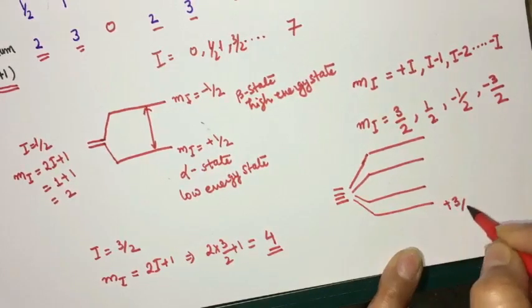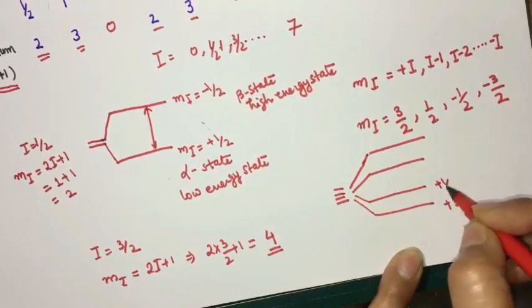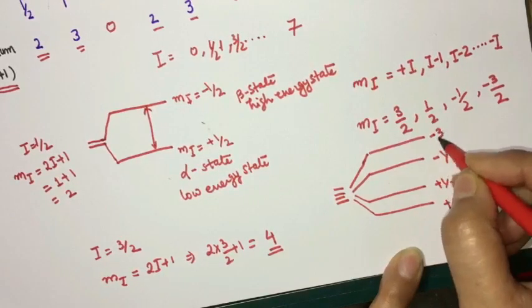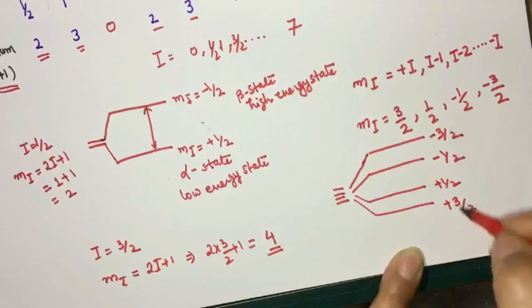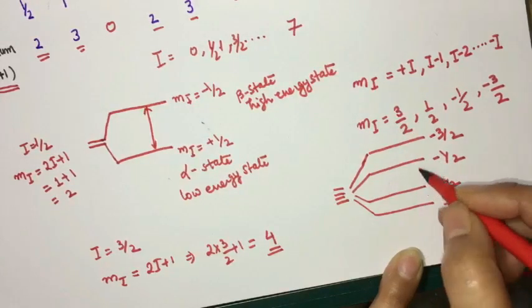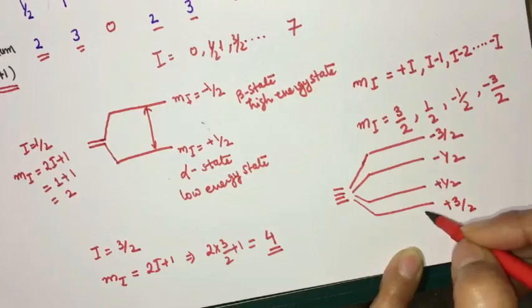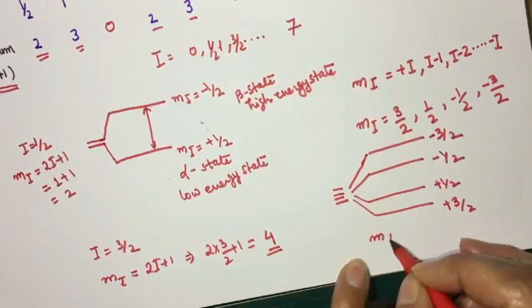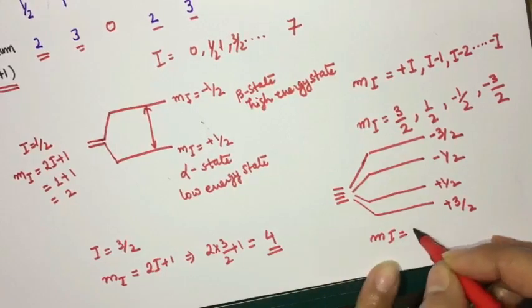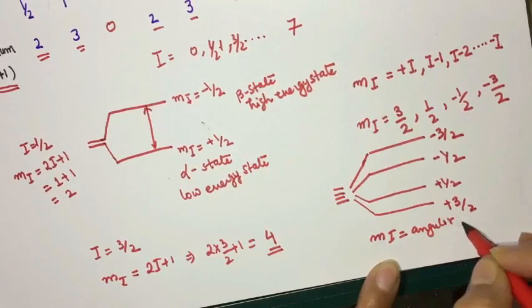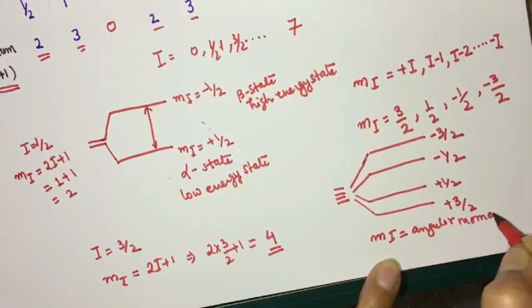This corresponds to 3 by 2, this 1 by 2, this minus 1 by 2, this minus 3 by 2. So we have 4 energy states, and these energy states, or the value of MI, also depend on the angular momentum value. That may confuse you.